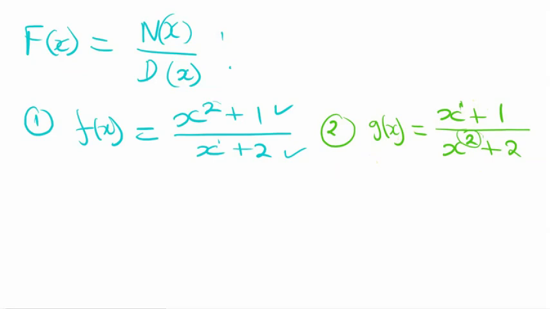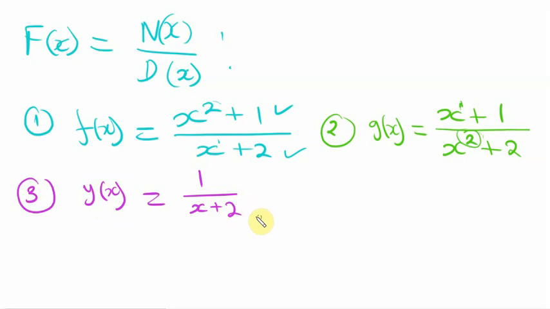Hopefully by now this is starting to sink in. Example 3: y of x is equal to, let's say, 1 over x plus 2. Still a rational function. Why?